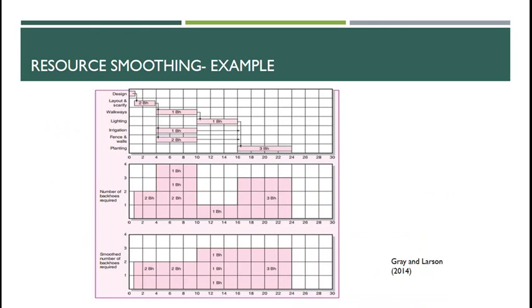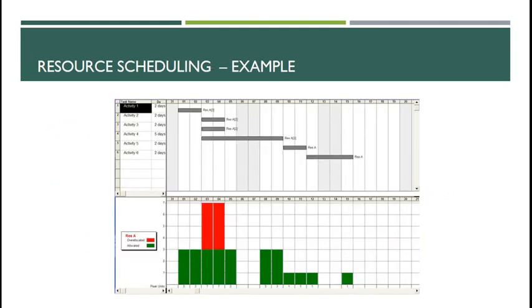So an example here from Gray and Larson 2014. As you can see there, we've got a series of tasks and the number of resources required. In the resource scheduling example, in that middle graphic you can see the red where we're over allocated: activities 2 and 3, in weeks 3 and 4, show some over allocation.